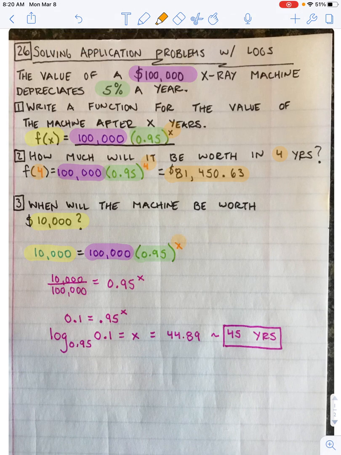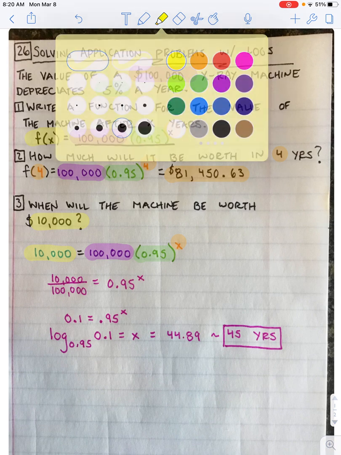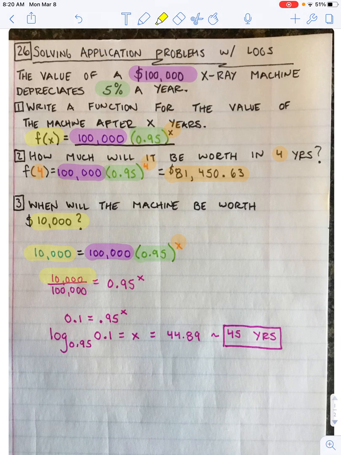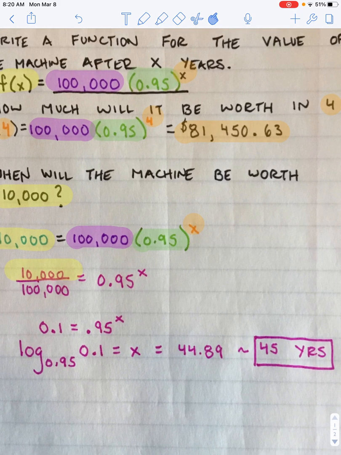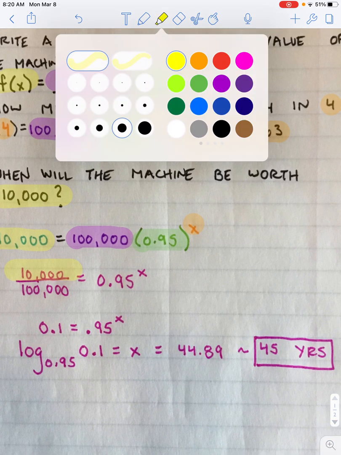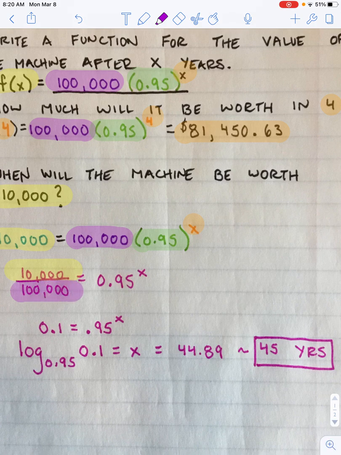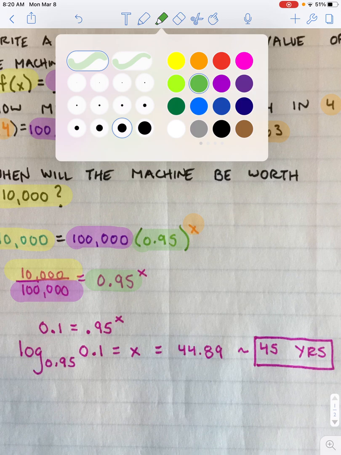So for this problem, what we want to do first is we want to isolate that 0.95 raised to the x. And we do that by dividing out our 100,000. So we take our 10,000 and we divide it by the 100,000. And that's going to equal our 0.95 raised to the x.